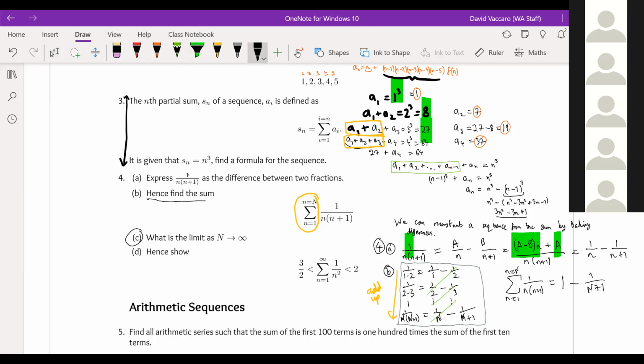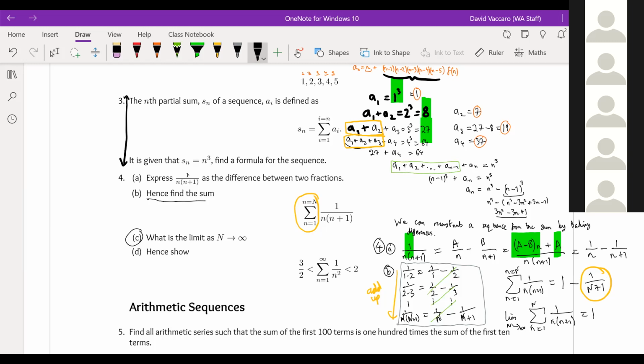What's the limit as capital N goes to infinity? Well, this final fraction goes away to 0. So we have that the limit as N goes to infinity of the sum from n equals 1 to N of 1 over n plus 1 is equal to 1.